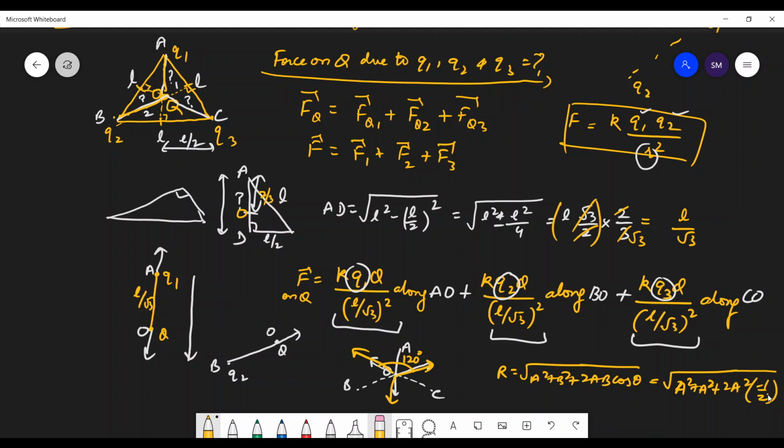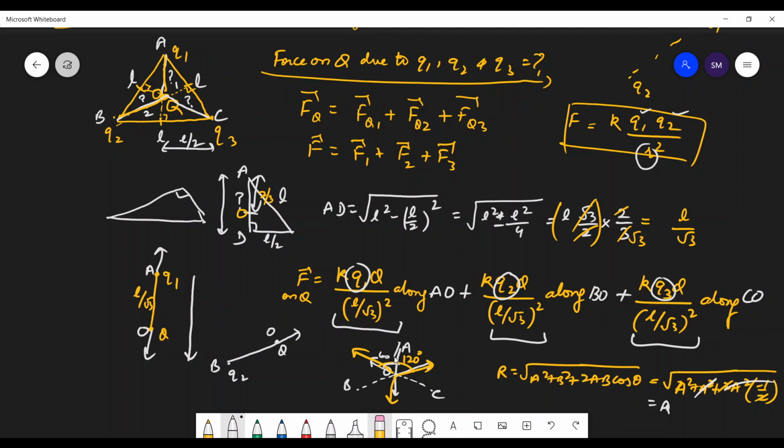This cancels out, it is minus a square, which cancels with one of the a squares, leaving a square, that is equal to a. So the resultant is the same force. Let this force be F. It is the same as this force. As these are same forces, by symmetry I take 60 degrees. We can calculate it also.